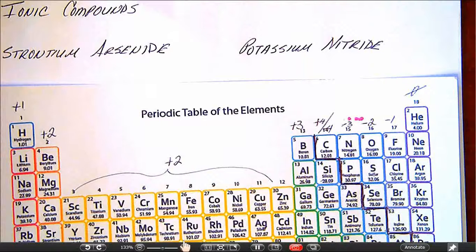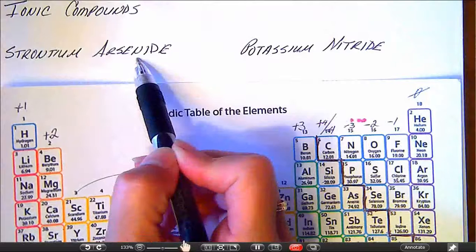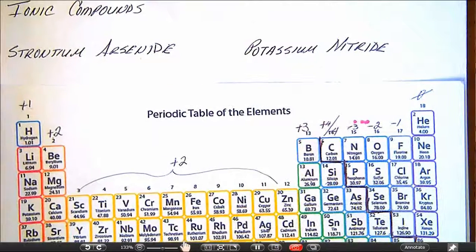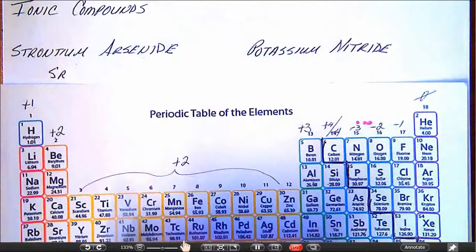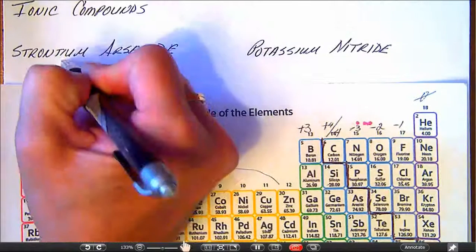Ionic compounds really aren't that difficult. You just have to look at oxidation numbers and make sure that they balance. Balance meaning that they cancel each other out and equal 0. So we're going to start with strontium arsenide. Strontium is here, Sr, and it's in the +2 column, so I'm going to put a +2 up there.